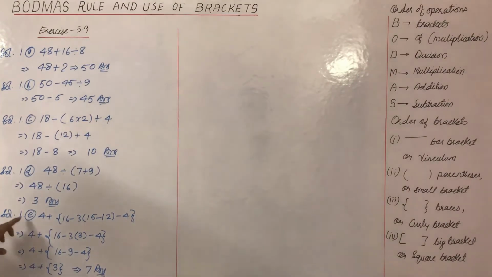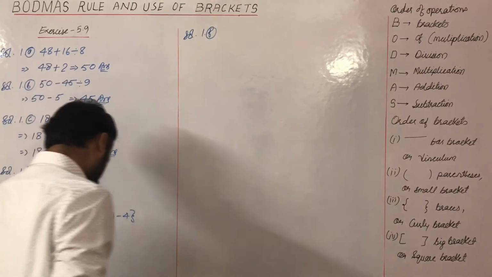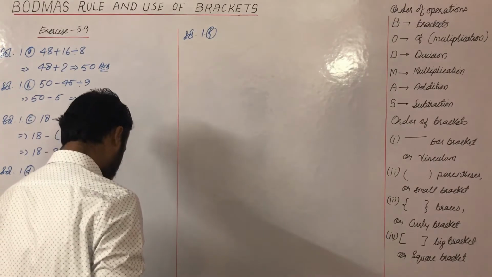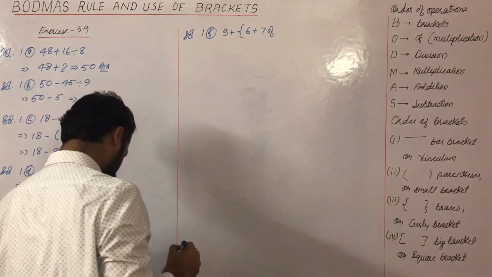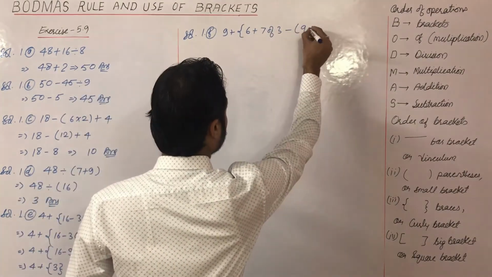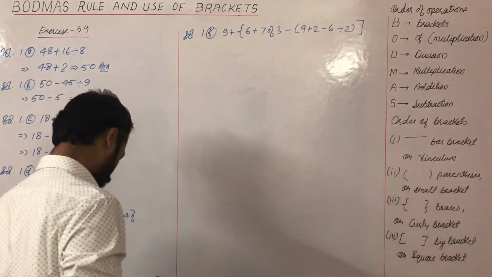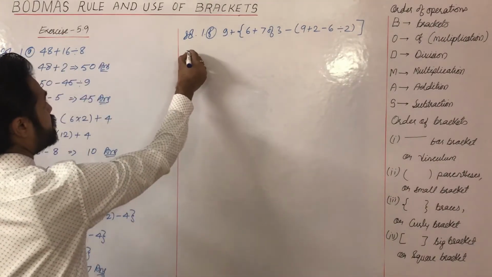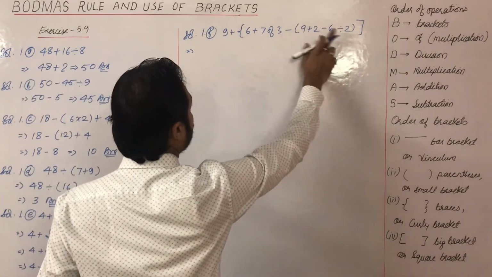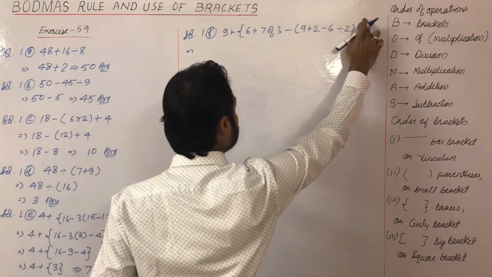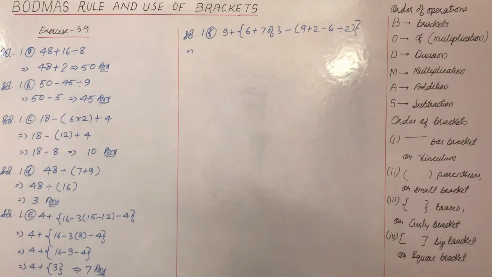Now next question, part F. Problem statement, 9 plus. In this problem statement we have a set of small bracket, a curly, and please replace this square bracket by curly bracket.